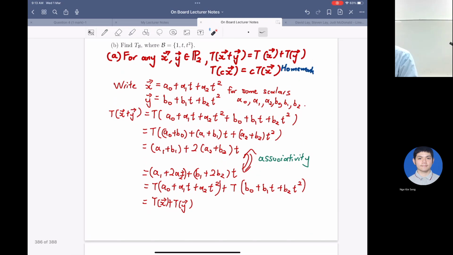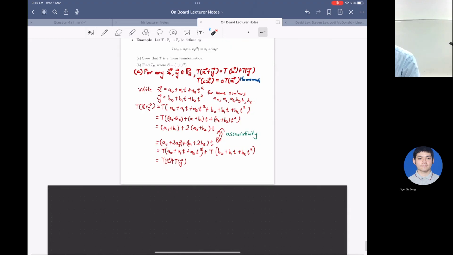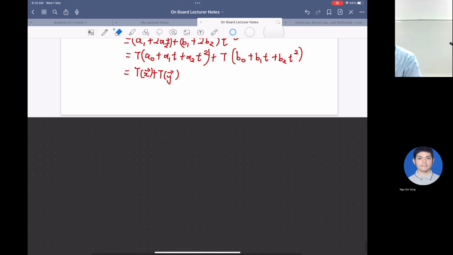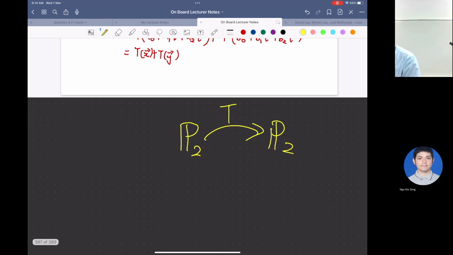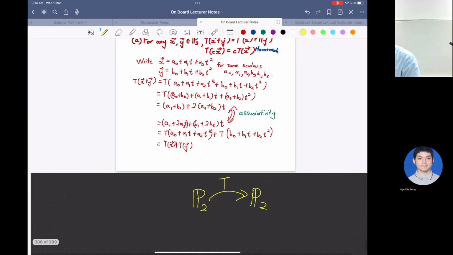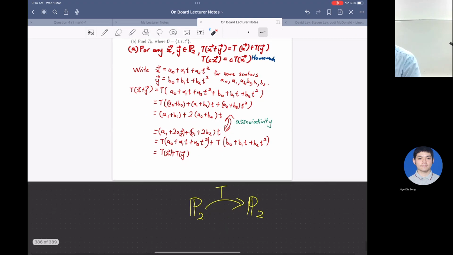So let's say we want to find the matrix TB again. The general rule is we have a map, so let me draw: P2 to P2, the transformation. Then we need to get the basis out first. The question gives you a basis, and to find TB you need a basis.